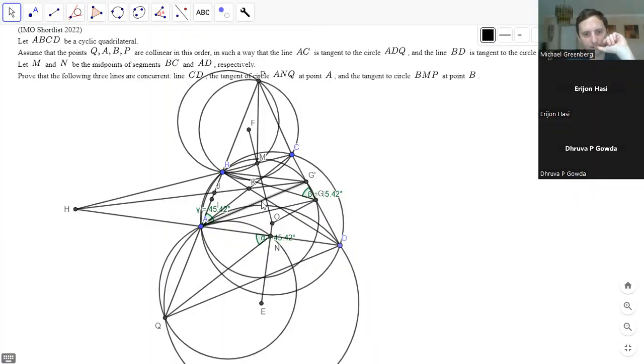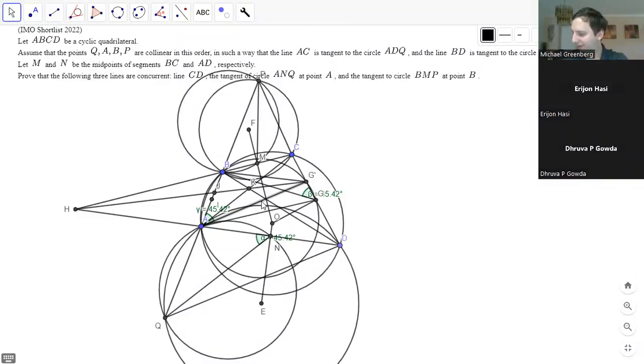But G prime AD is equal to BAD minus BAG prime, which is equal to BAD minus ANQ, which is angle AQN. Yes, I think we're done.